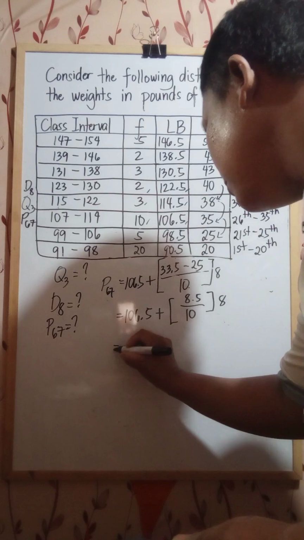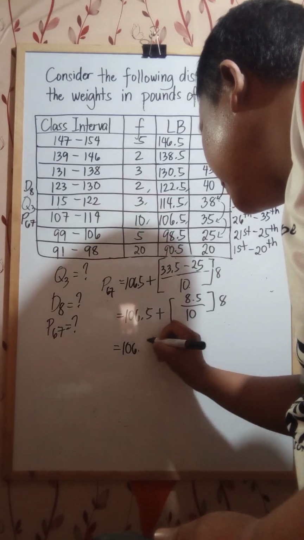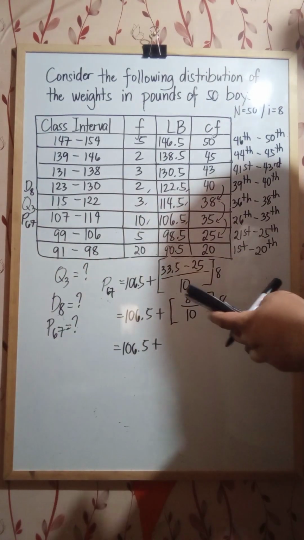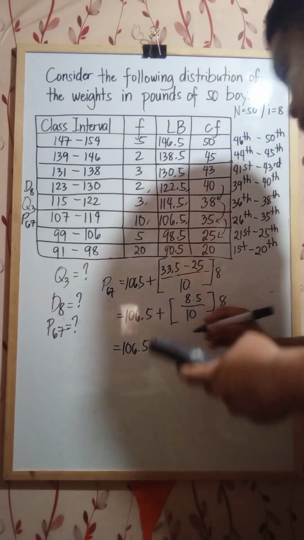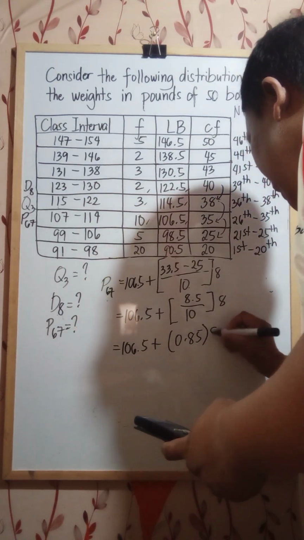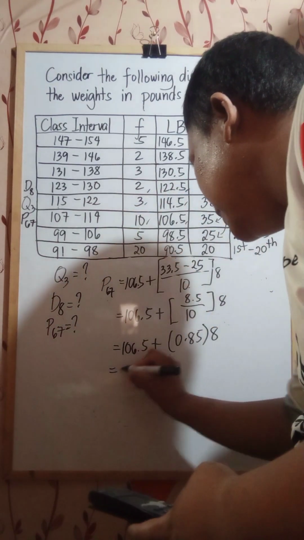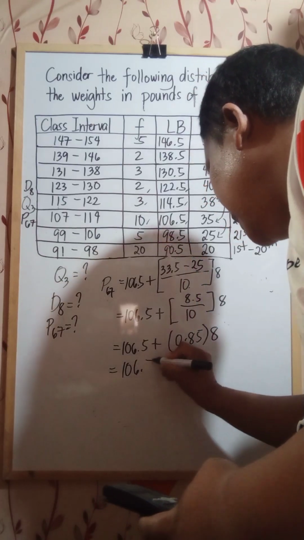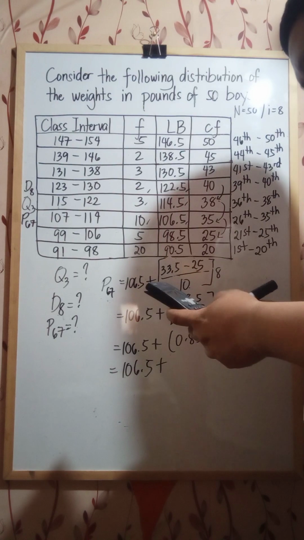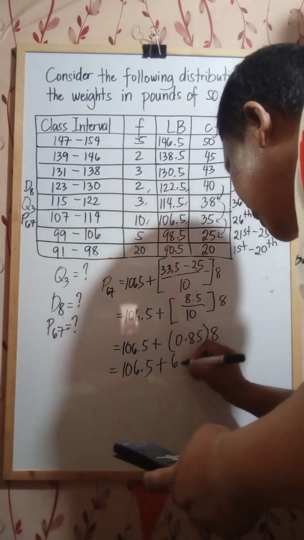Then equals 106.5 plus 8.5 divided by 10, so that is 0.85. Then times 8. Copy the 106.5, then plus, multiply times 8, so you have 6.8.